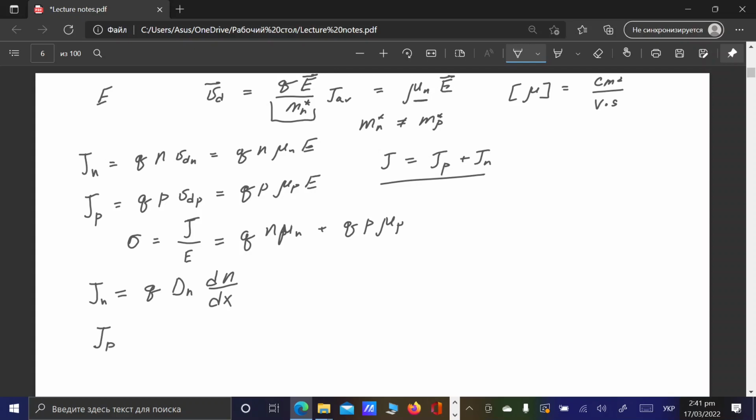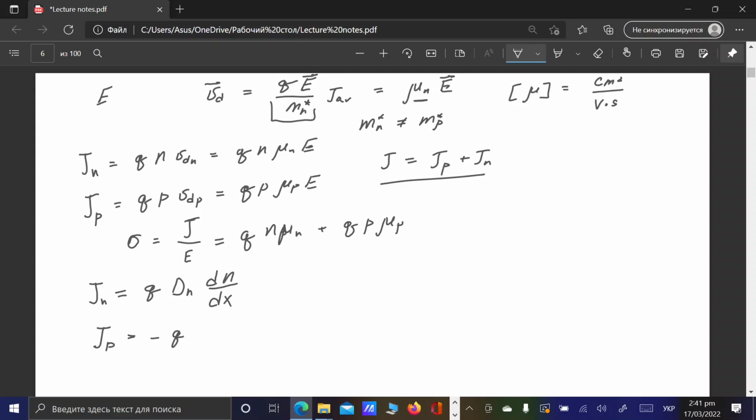So electric current carried by holes because of diffusion will be given as minus times q. So minus because of the charge, so it's opposite charge to electron, is positive, and the direction of current is actually opposite to the direction of the gradient of charge carrier concentration.